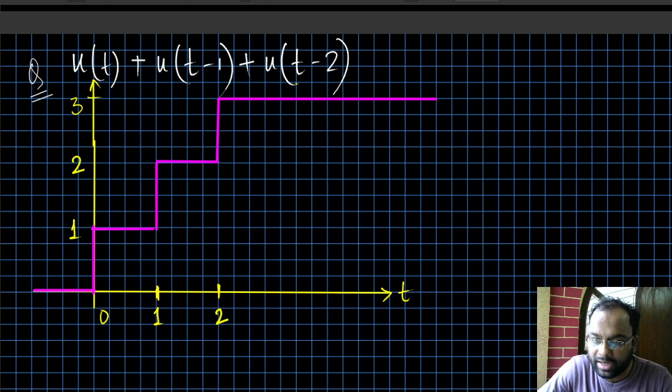But try to understand the fact that the signal u(t-2) is still 0 up until time reaches t equal to 2. The moment time reaches t equal to 2, this signal, u(t-2), becomes 1. So it now again contributes to the whole thing, and the whole sum becomes 3. So now after t equal to 2, the sum becomes 3.